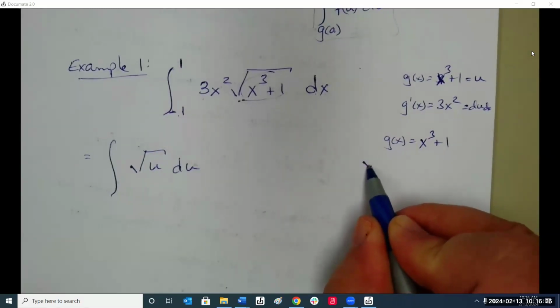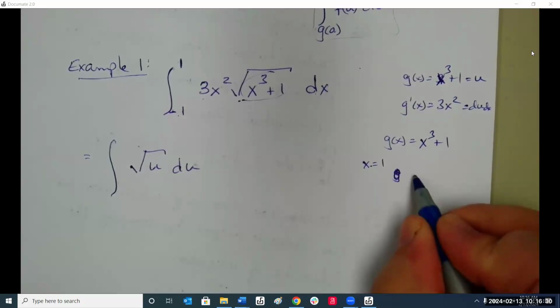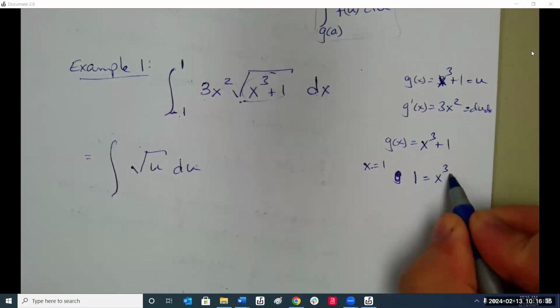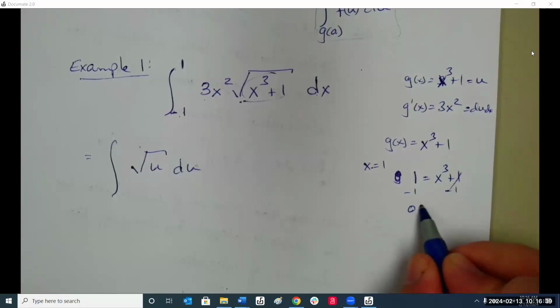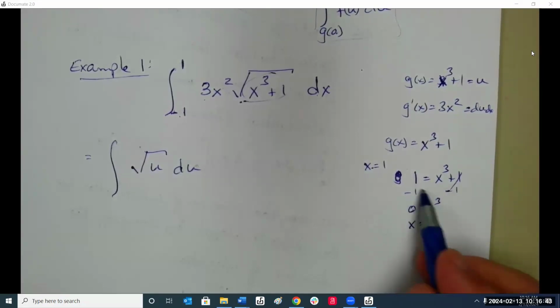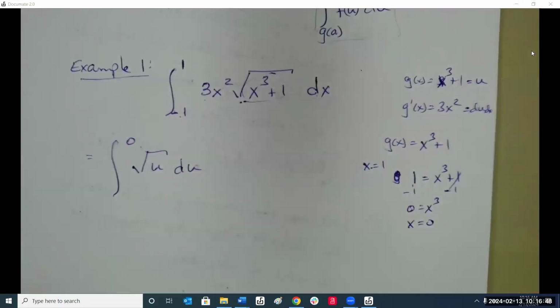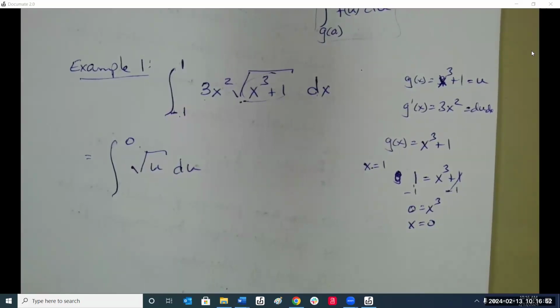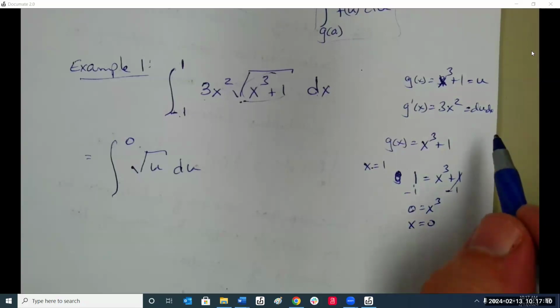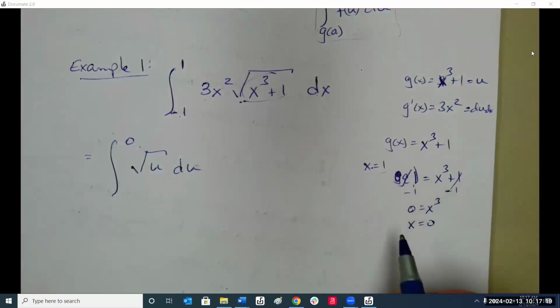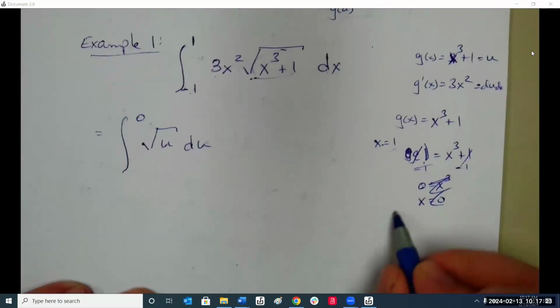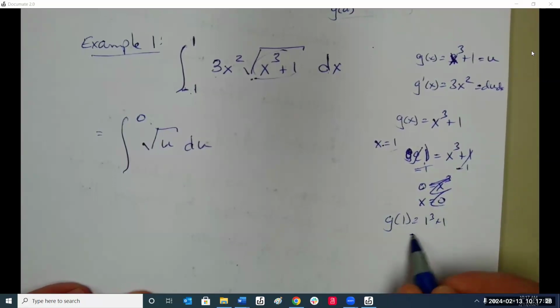When x equals 1, g of 1 is 1 cubed plus 1, 1 plus 1 equals 2.